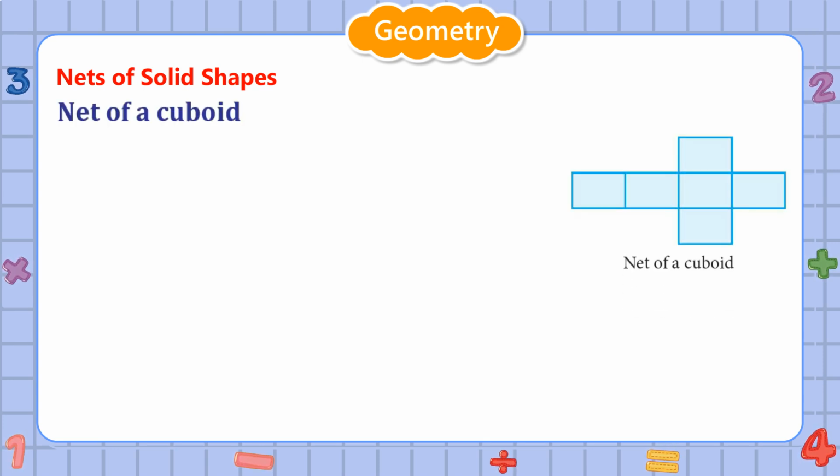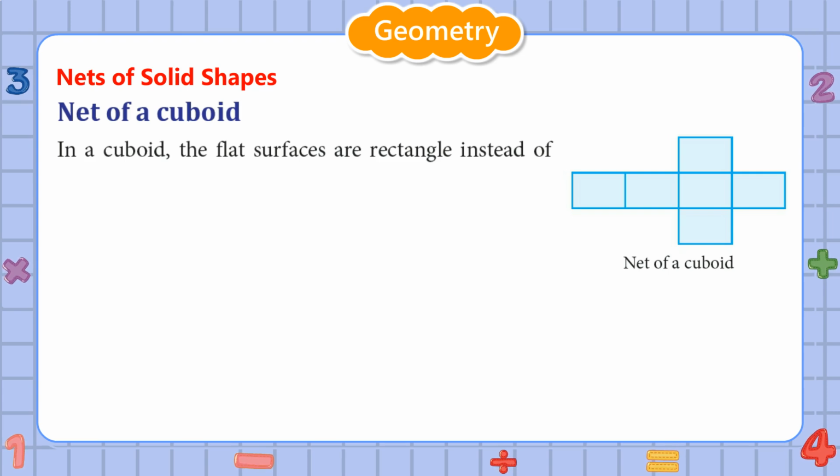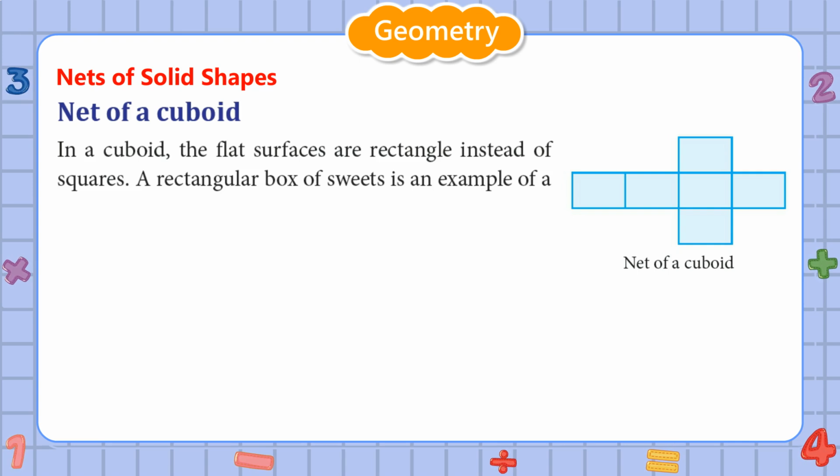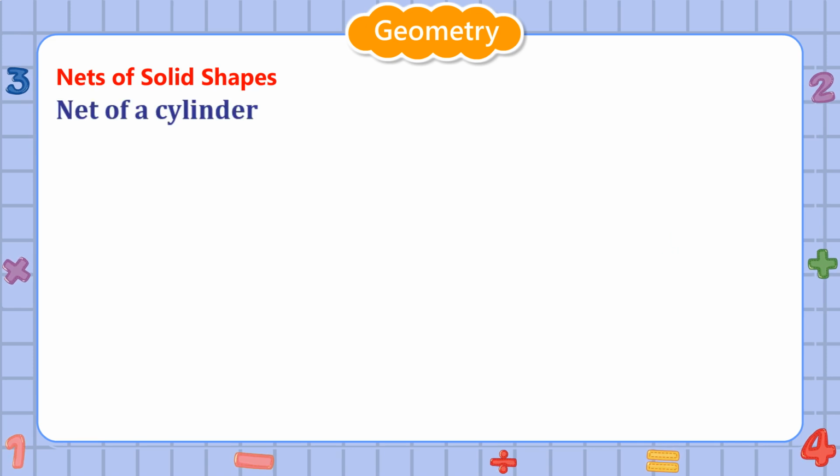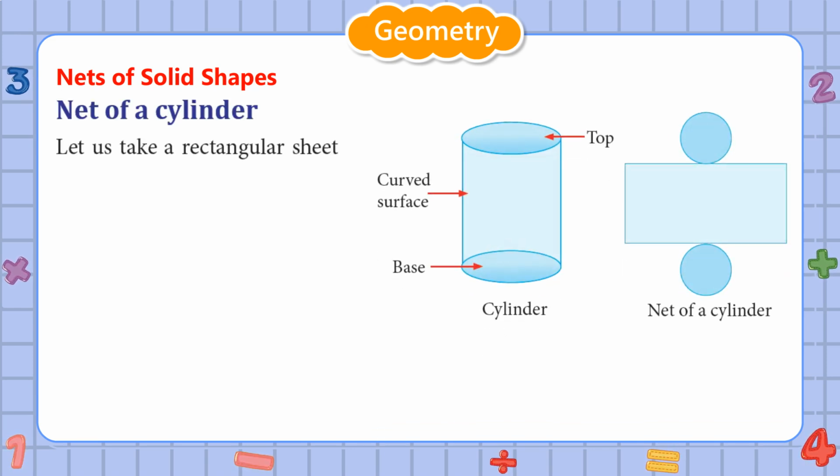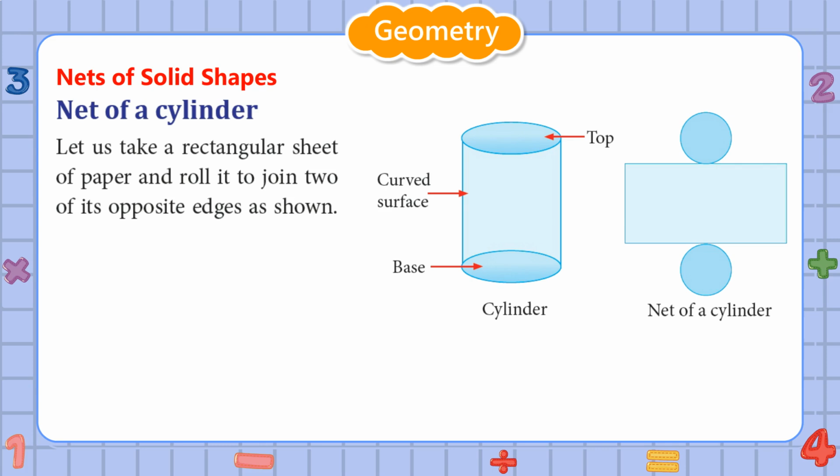Net of a cuboid. In a cuboid, the flat surfaces are rectangles instead of squares. A rectangular box of sweets is an example of a cuboid shape. Net of a cylinder. Let us take a rectangular sheet of paper and roll it to join two of its opposite edges as shown.